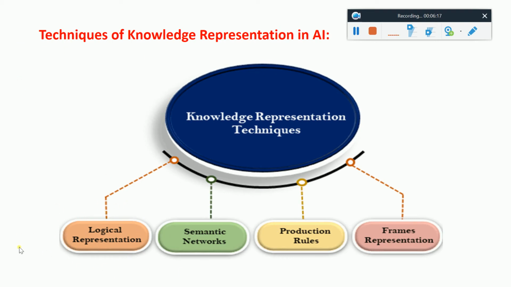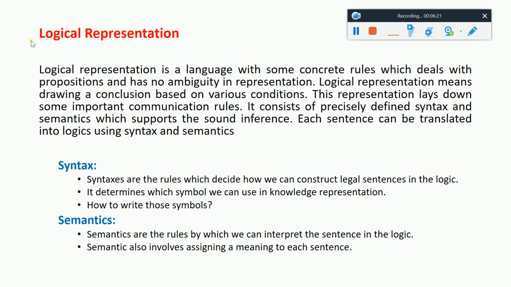The first technique is logical representation. So logical representation is a language with some concrete rules that deals with the propositions and has no ambiguity in the representation. Propositions are basically the sentences that have no ambiguity in the representation.